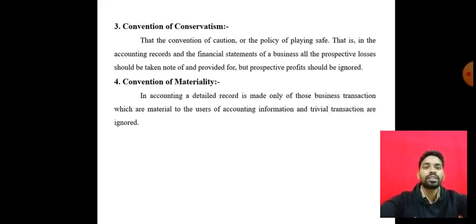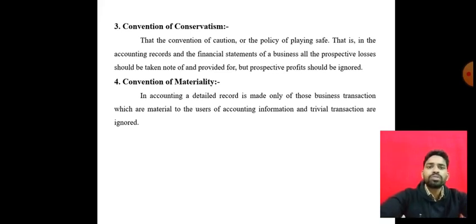The next one is the convention of conservatism. It means the convention of caution, or the policy of playing safe. That is, in the accounting records and the financial statements of a business, all the prospective losses should be taken note of and provided for, but prospective profits should be ignored.